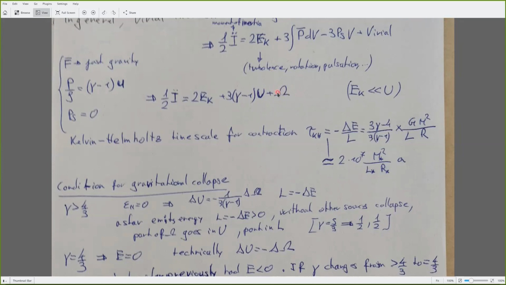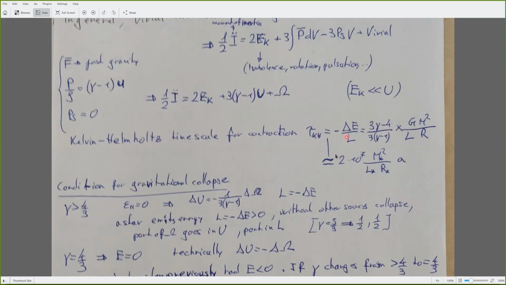As we saw, usually for a perfect gas, if a star collapses, half of this energy goes into internal energy, and half goes into the change of the total energy, in this case the luminosity, because it's losing.